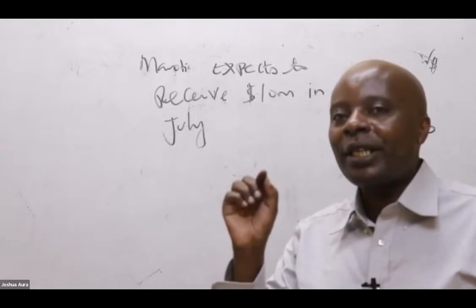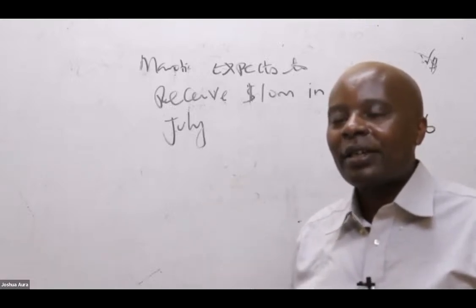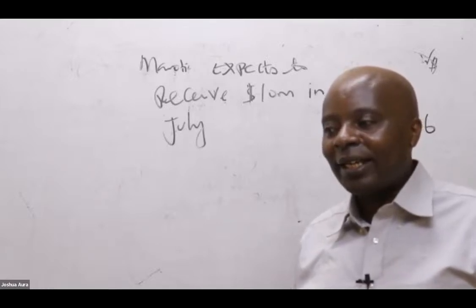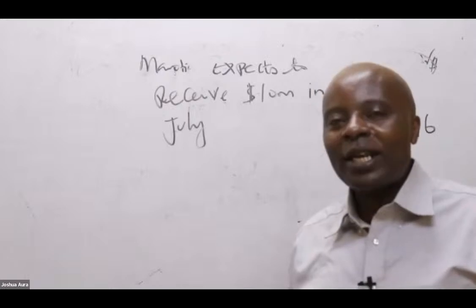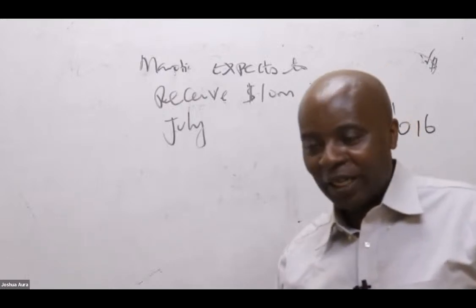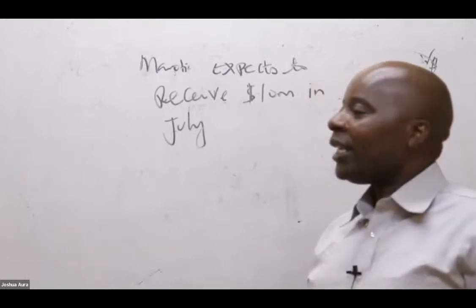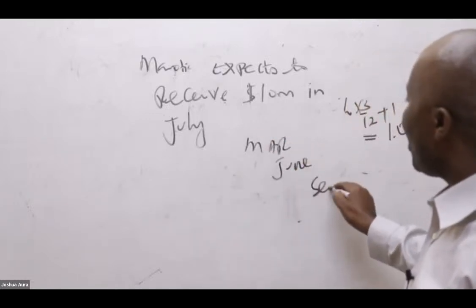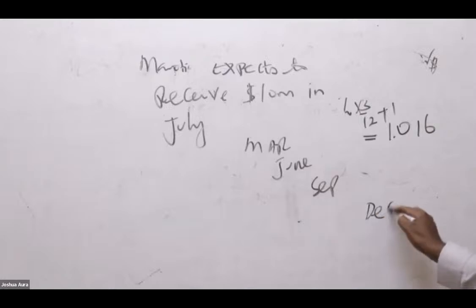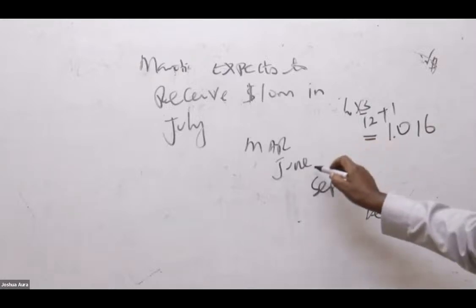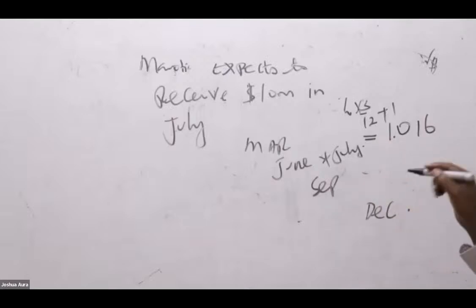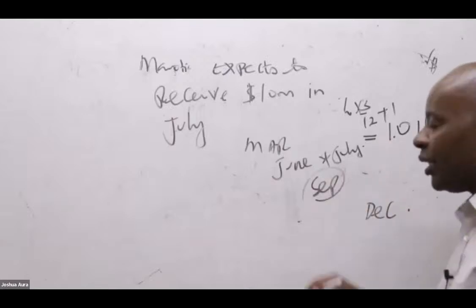In accordance to the dates that we have just read? Which futures will it buy? The ones that are just ahead of us. Looking here, we have March, June, September, and December. So now July is here. This one expects to receive money in July. So in this case, the futures that are immediately ahead of us are September.